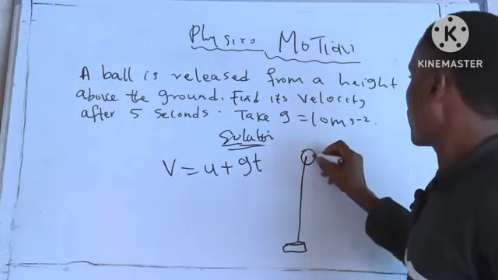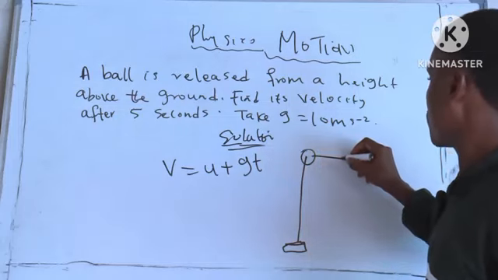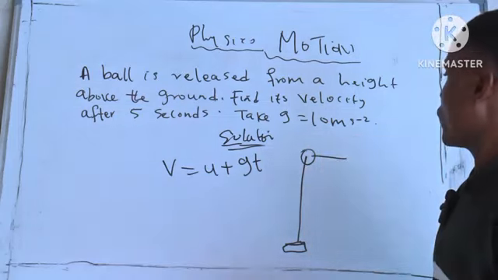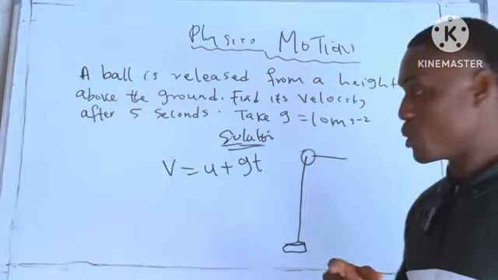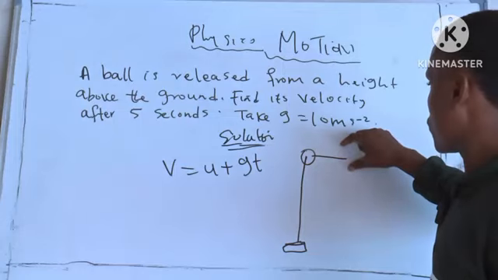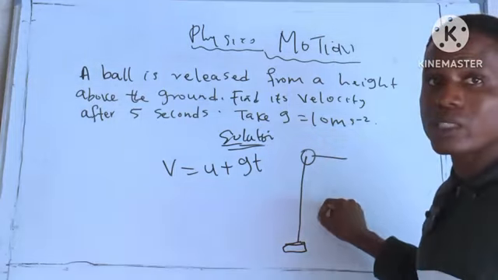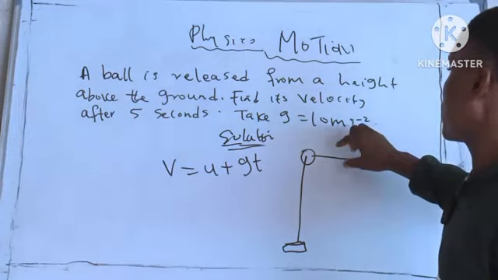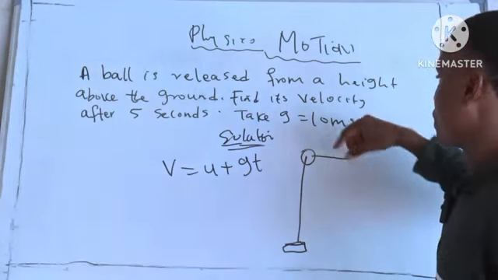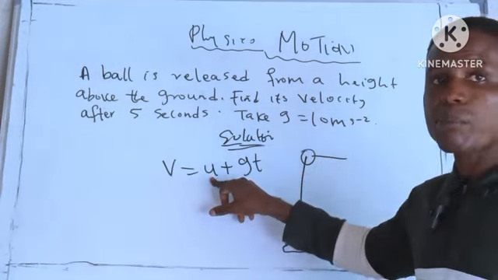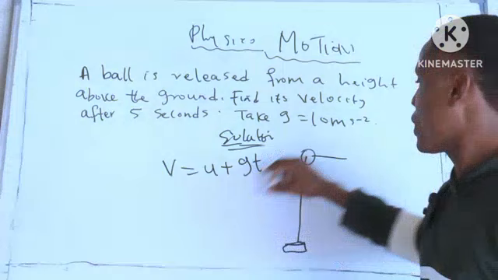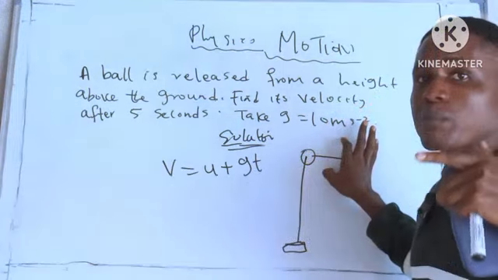When you stand on top of a building and you throw an object, the object will be coming down, isn't it? So when an object is released from this height, the initial velocity at that point is 0.